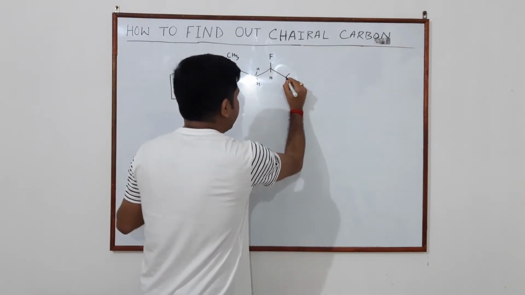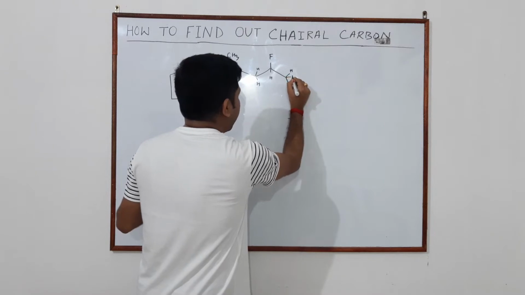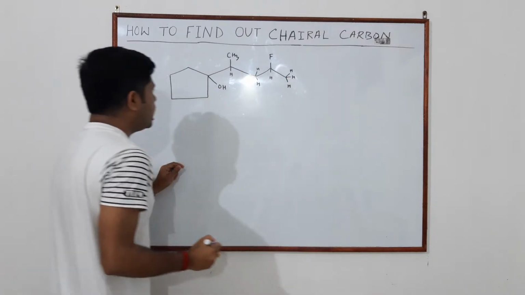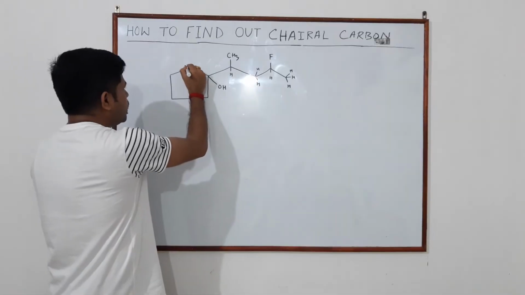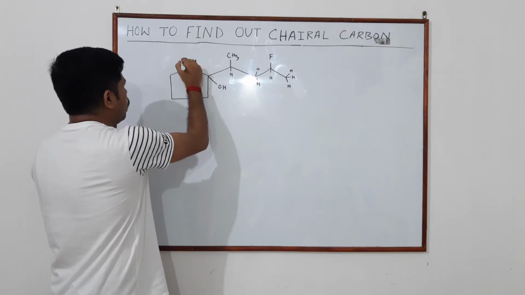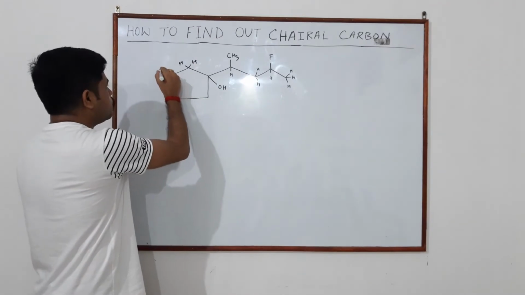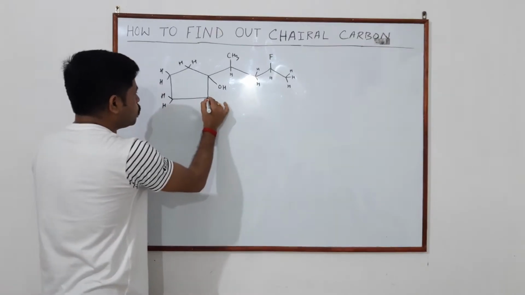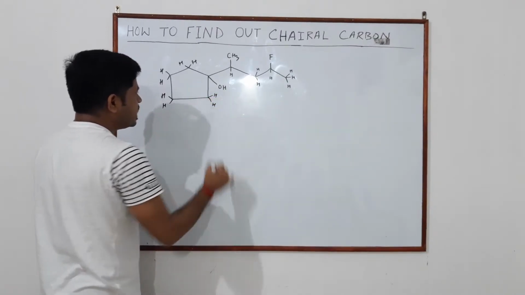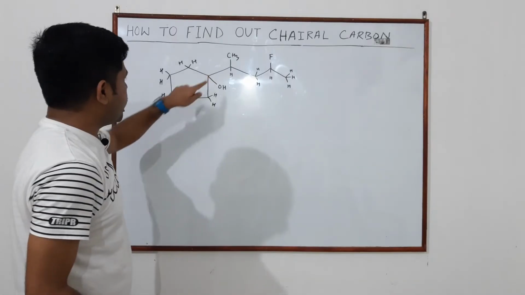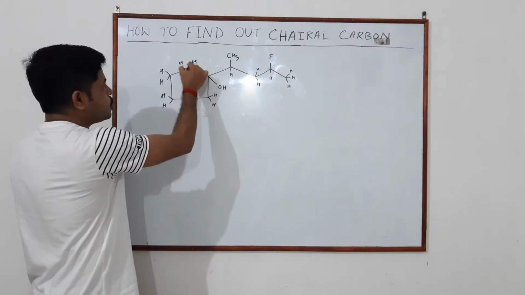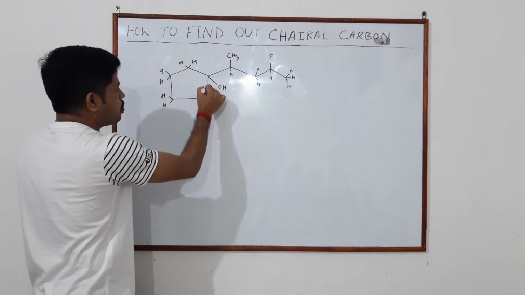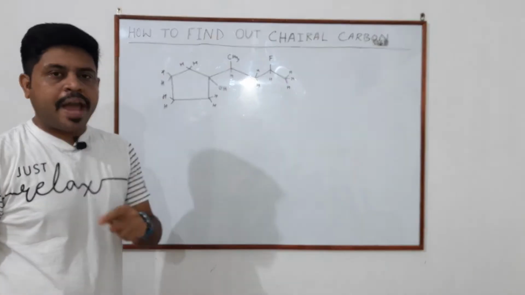This center is attached with 3 hydrogen atoms. In all these other carbons, 2 hydrogen atoms are there. And this carbon is attached with this CH2 fragment, and this carbon is attached with this CH2 fragment.